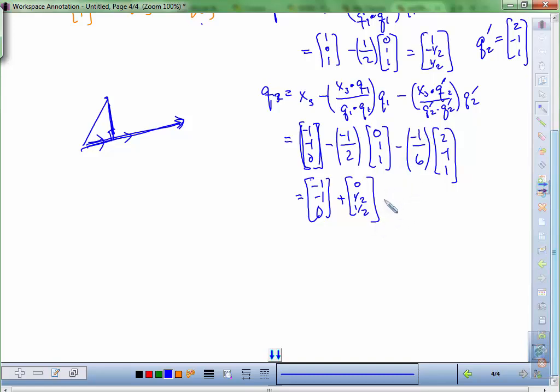Another plus, plus, or negative, negative is a plus. And then we get 1/3, -1/6, positive 1/6. Boy, I just confused myself with those negative signs. So I hope this is right.